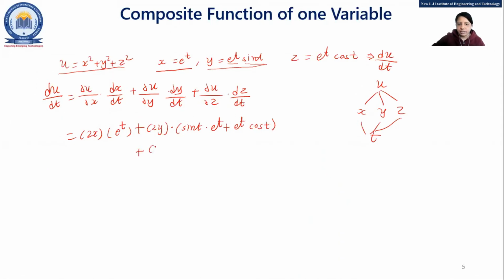Obviously it is 2z from the previous one. Now again there will be e raised to t cos t. So applying the multiplication rule, cos t into e raised to t, minus, plus is there but cos becomes minus sin t. So I'll write minus sin t into e raised to t as it is.